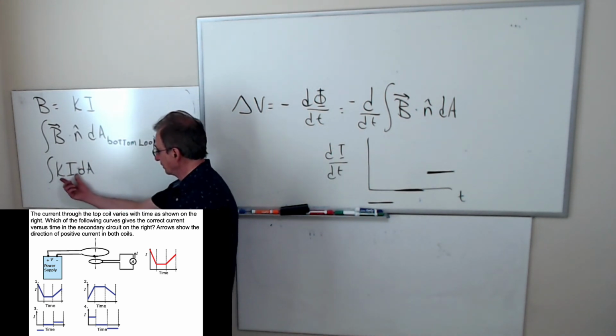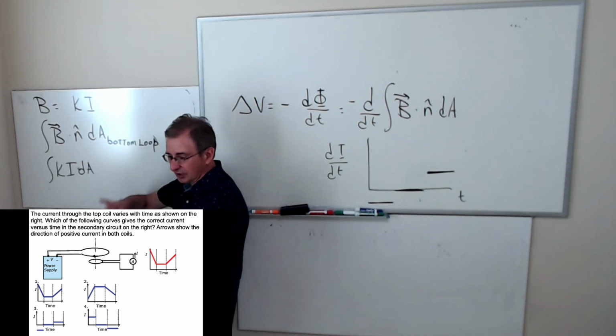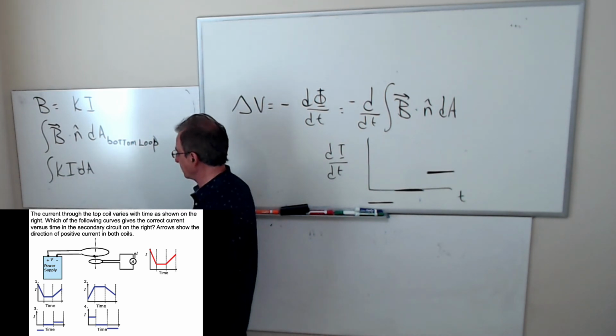And let's assume that k times the geometrical factors are constant over the loop, just for simplicity.